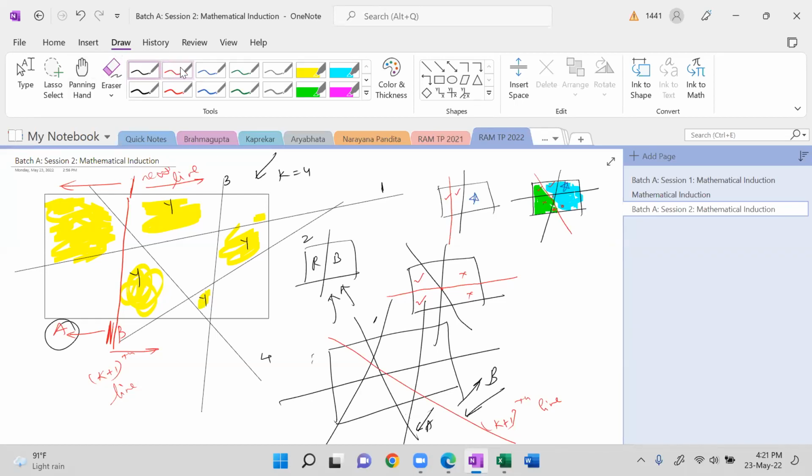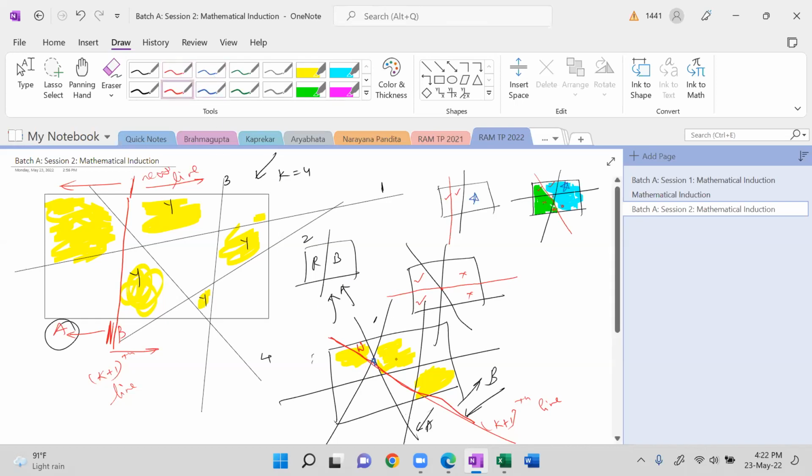So what is going to happen is, this region had yellow, suppose. This region also had yellow before the k plus 1th line was introduced. So when we have this new line, k plus 1th line, what was yellow is now white, and you had a white here, so this becomes yellow, a small portion here yellow.